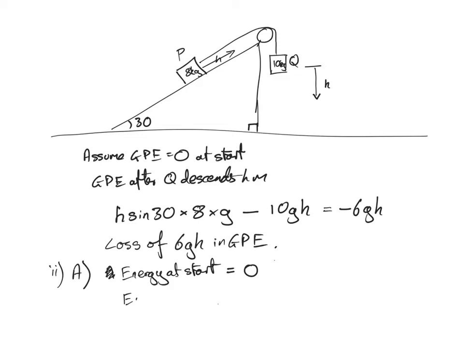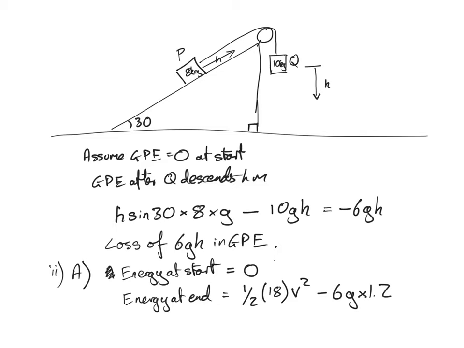Energy at the end: you've got a half m, which is 18, v squared, and you've got some negative GPE.